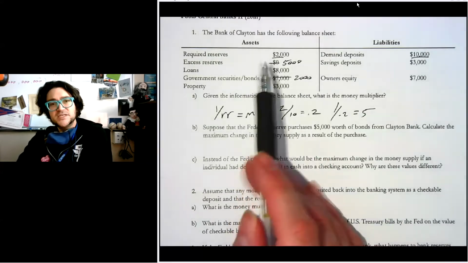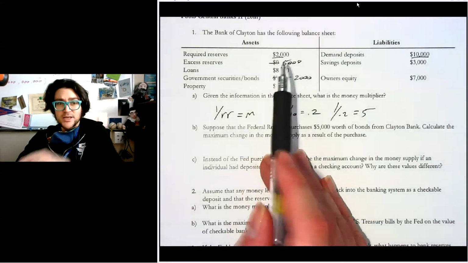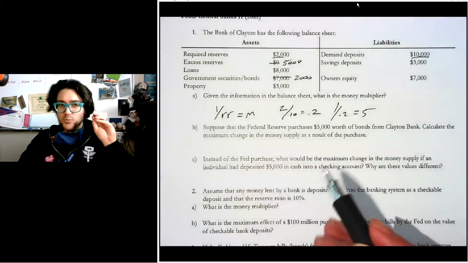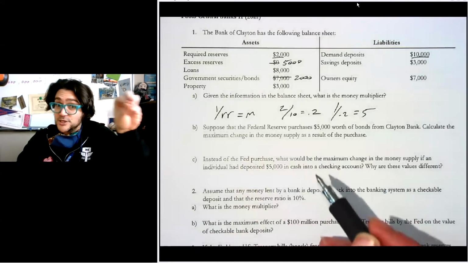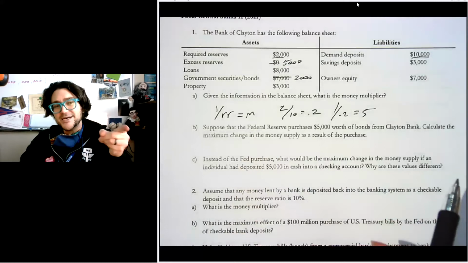But what happens if this bank lends out their excess reserves, their 5,000? Remember, banks can loan out all of the excess reserves. And when they loan it out, that's new money being created. We did this problem already, but with someone depositing money.